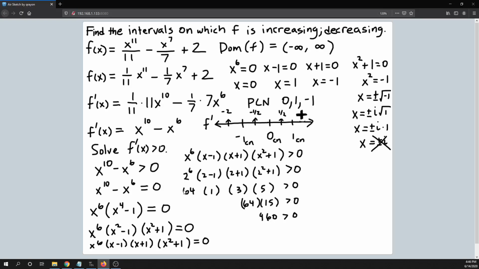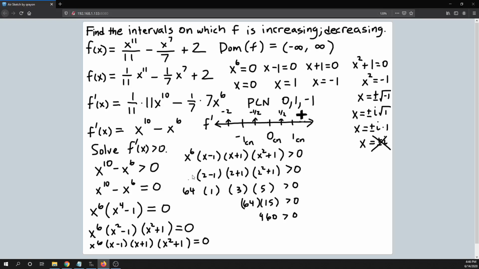So I can shorten this process up a little bit when I go to do the next test point, because it doesn't really matter what number I plug in to x to the 6th power. This is an even power, so I'm always going to come up with a positive right here. So when I plug in the next test number, I'm not going to plug it into this.